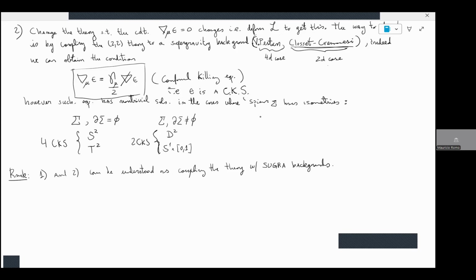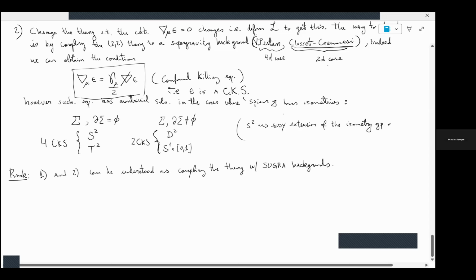So what you have to do is to generalize. For example, in the case of S2, what you have to do is to consider a supersymmetric extension of the isometry group of S2.